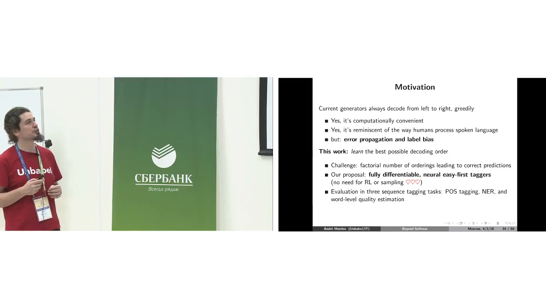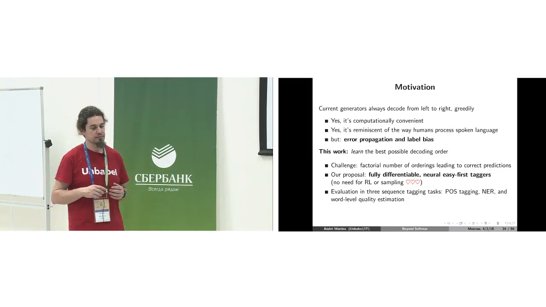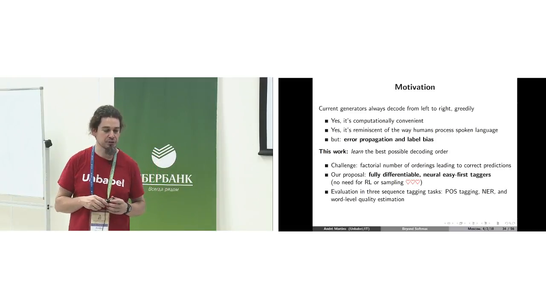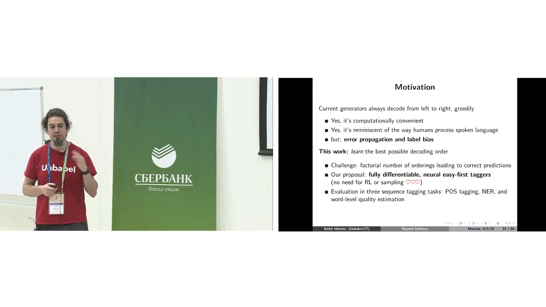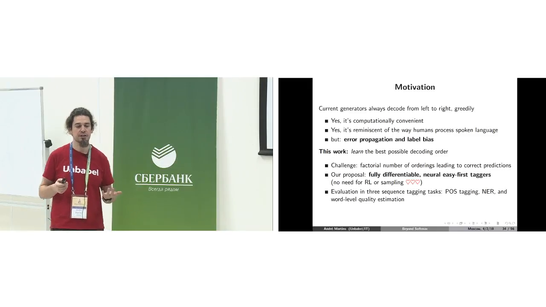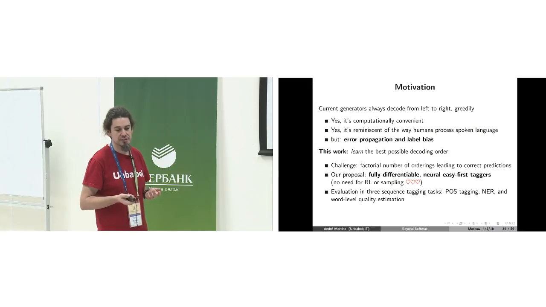If you think about it, the current generators, things that you see in language models and neural machine translation models, they always decode greedily from left to right. You can do things like beam search, but it's essentially still pretty greedy. Of course, people do that because it's computationally convenient.